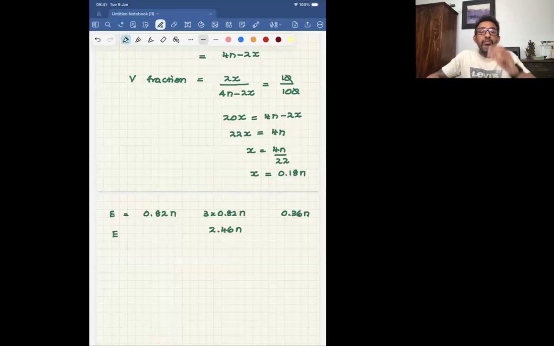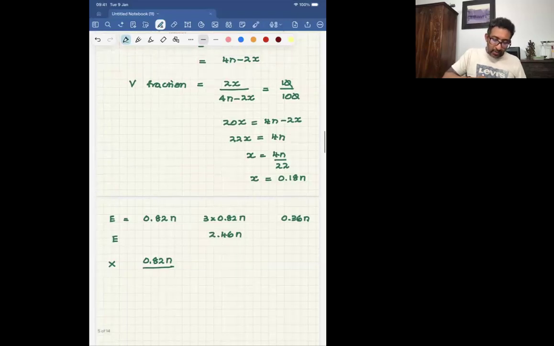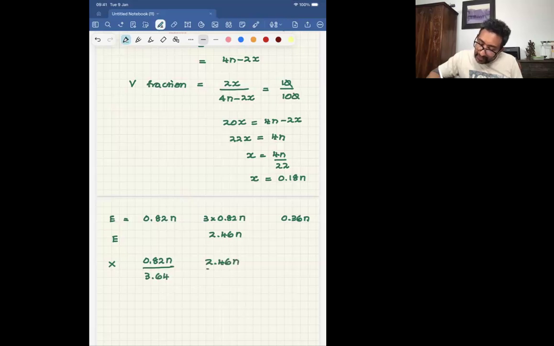Now let us look at the molar fractions, partial pressures, and convert it to Kp. So what is the molar fraction here? 0.82 n divided by the total number of moles. What is the total number of moles? 0.82 plus 2.46 plus 0.36, 3.64. Make a note: 2.46 n divided by 3.64.